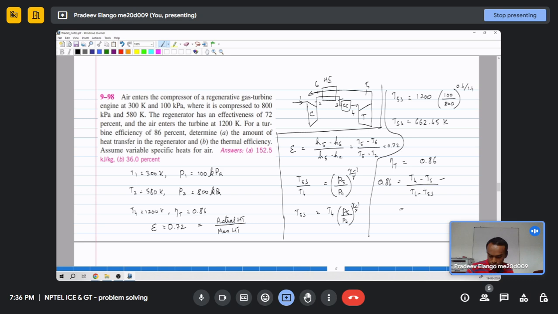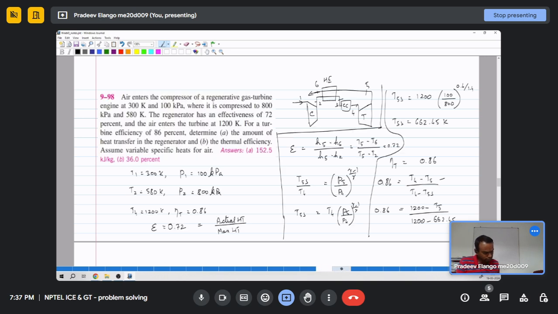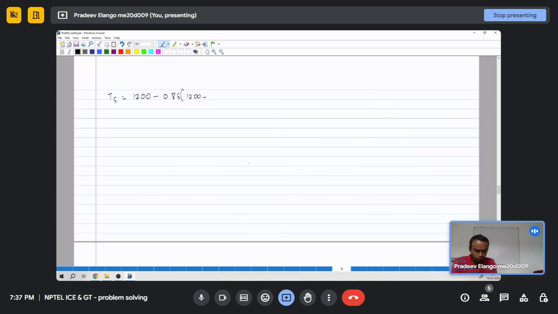T4 is known as 1200 Kelvin, minus T5, which is what we need to find, and on the denominator we have 1200 minus 662.45. So T5 can be calculated as 1200 minus 0.86 of 1200 minus 662.45.